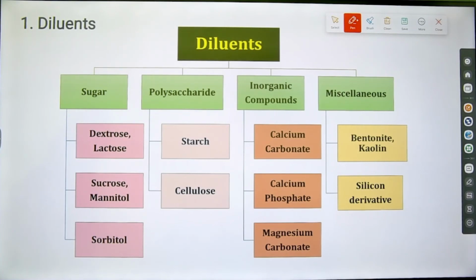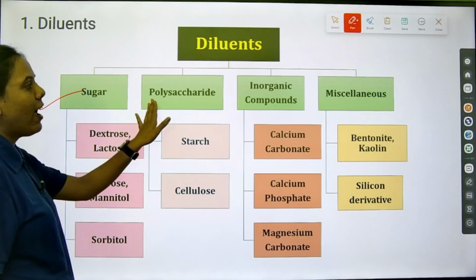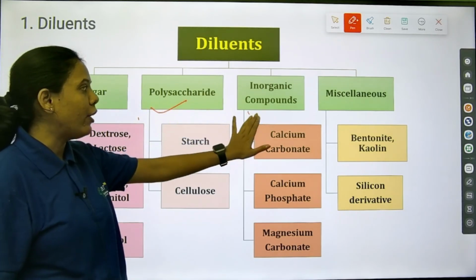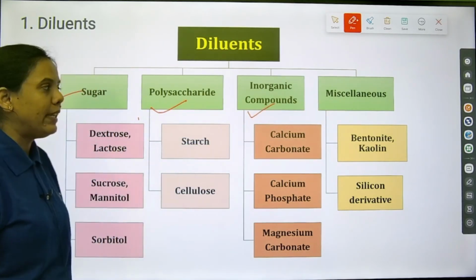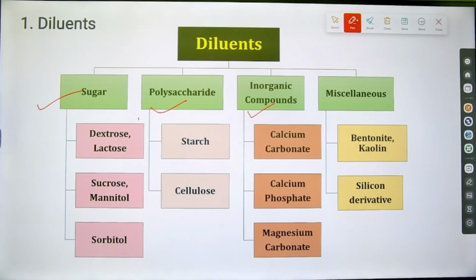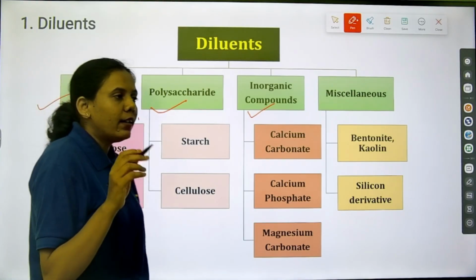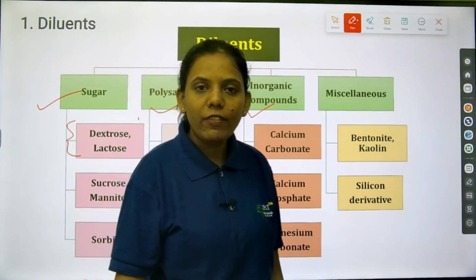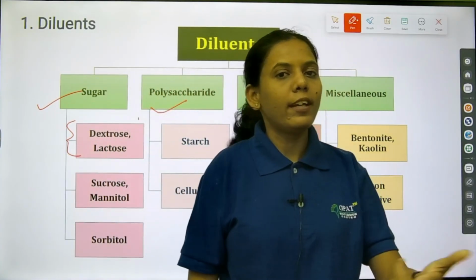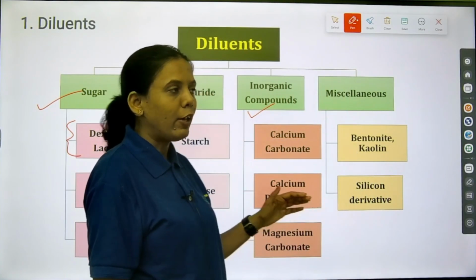Now depending upon the source, they are divided as sugars, polysaccharides, certain inorganic compounds and miscellaneous. If we talk about sugars, we have dextrose and lactose. There are some important points in the case of lactose, like it undergoes certain kinds of reactions. That also we will see.